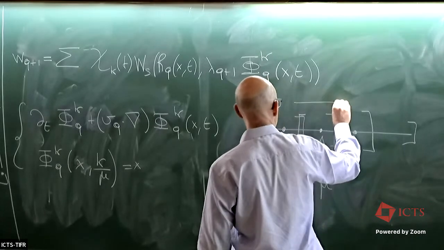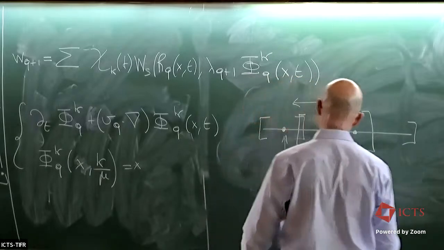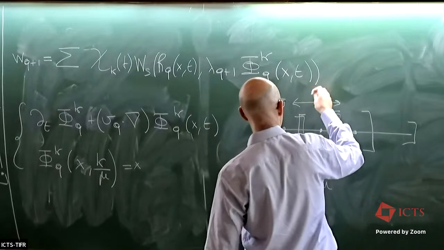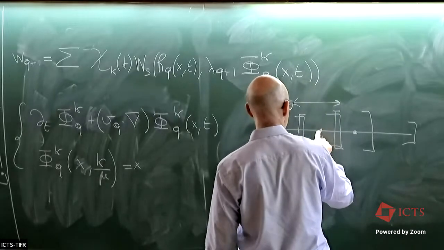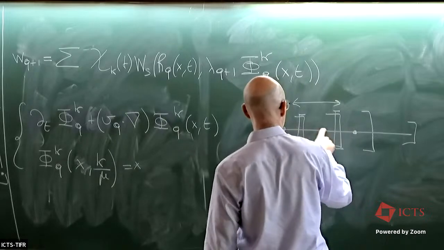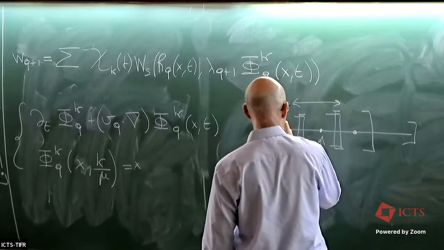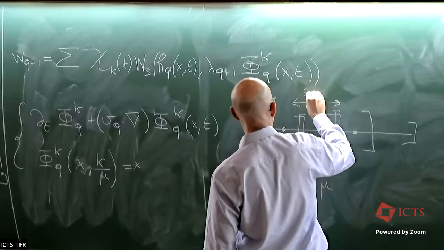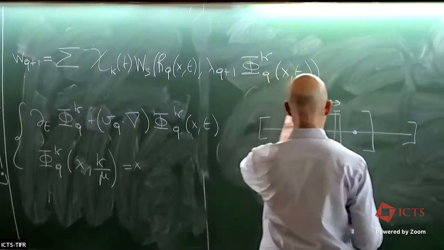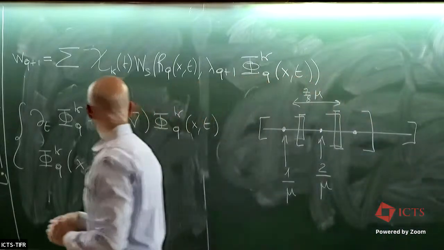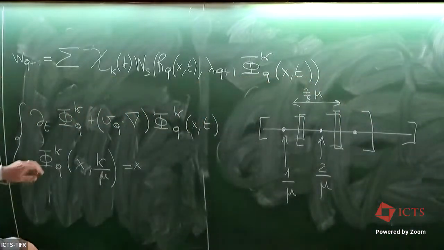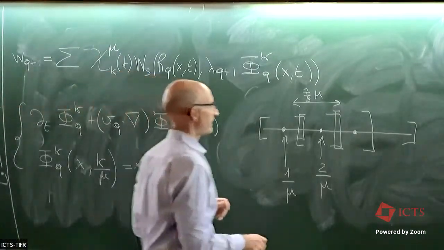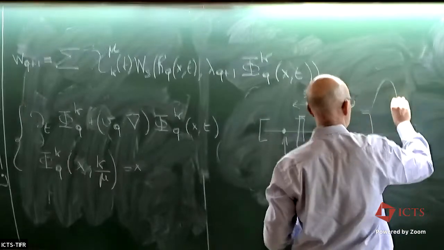And these intervals are of size something like 7 over 8 mu, so they overlap with each other. Okay, these cutoff functions depend on mu too, right? And they are cutoff functions of the following type.